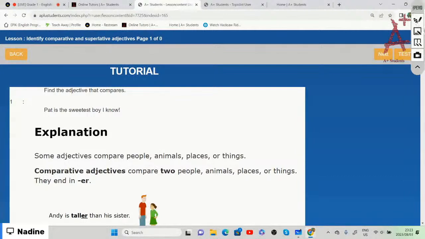So we will say sweetest is the adjective that compares.